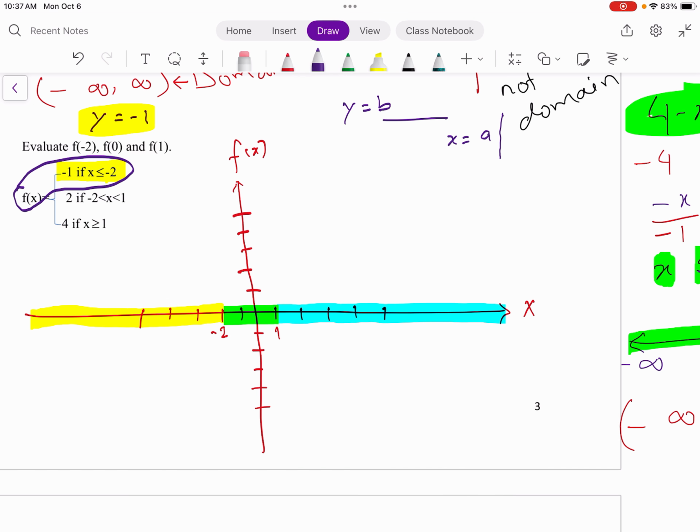So -1 is here. Our yellow region starts from -2, so from -2 you draw a horizontal line at -1. This is the graph, and you can extend it all the way to -infinity.